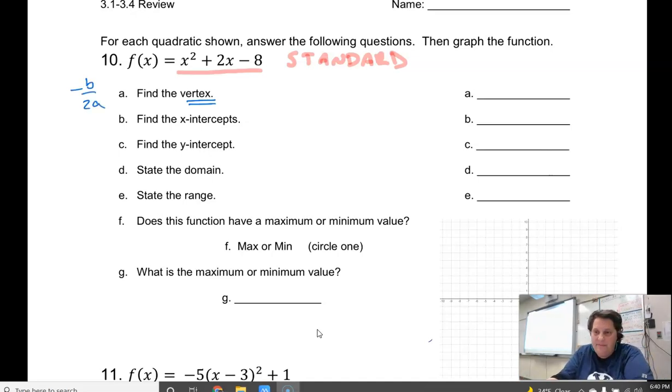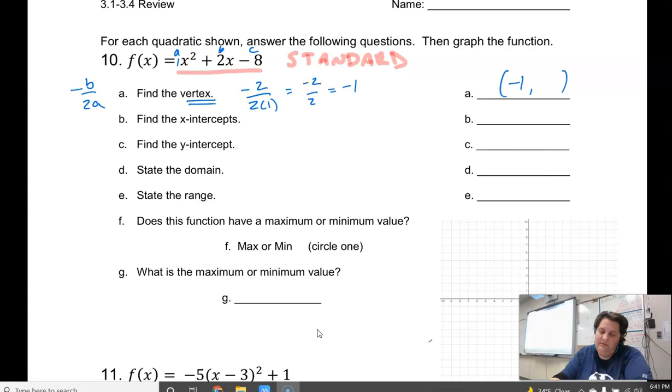So remember how we have a, b, c? All right, a is 1, b is 2, c is negative 8. So it's negative b over 2a, which gives me negative 2 over 2, which gives me negative 1. Okay, you guys, that's the x coordinate of the vertex.